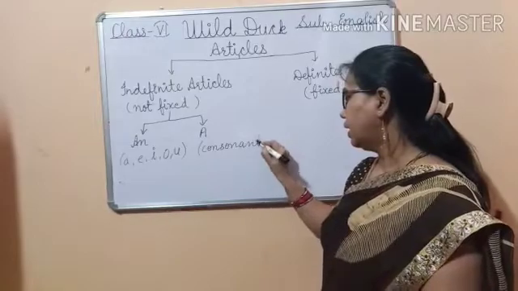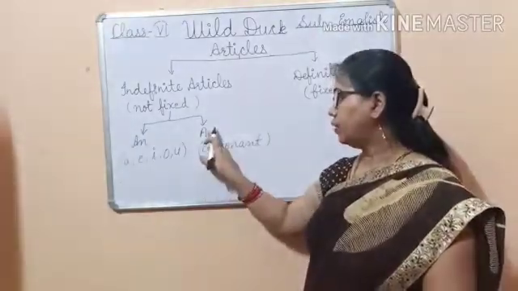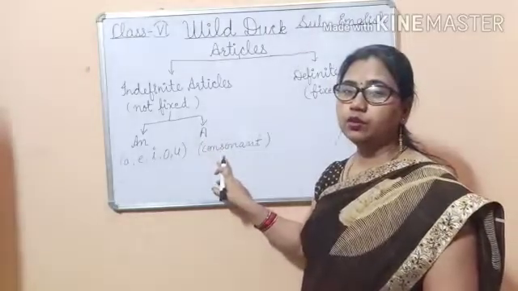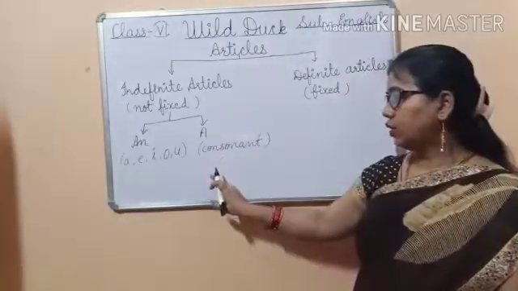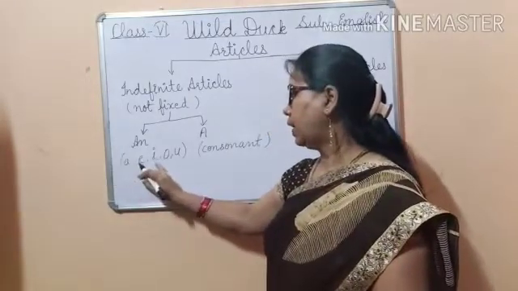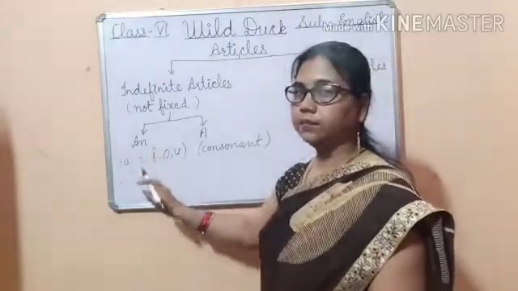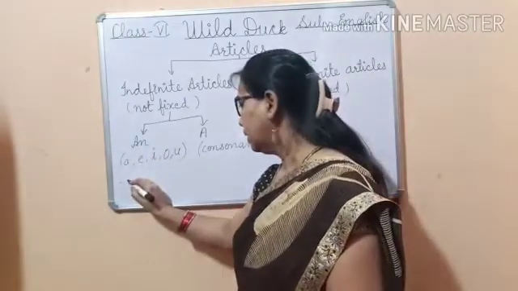We use a before consonants. So for a word which begins with the letter A, E, I, O, U, we use an with it.